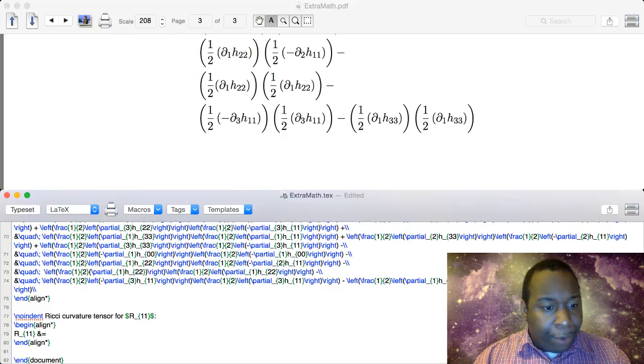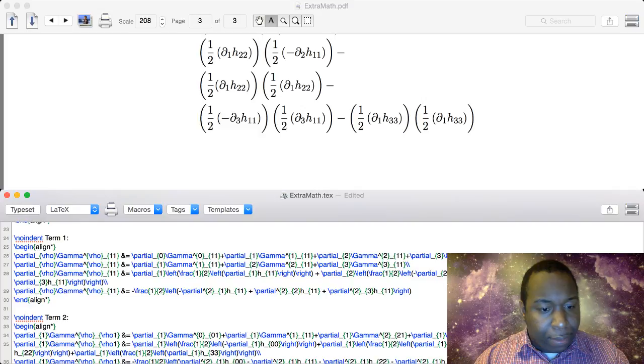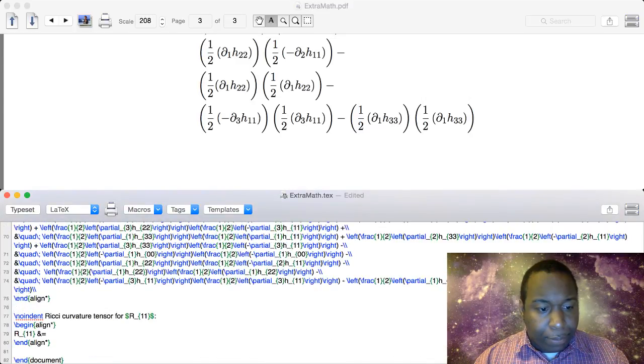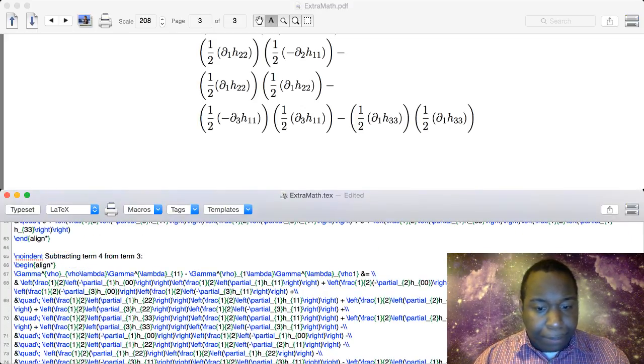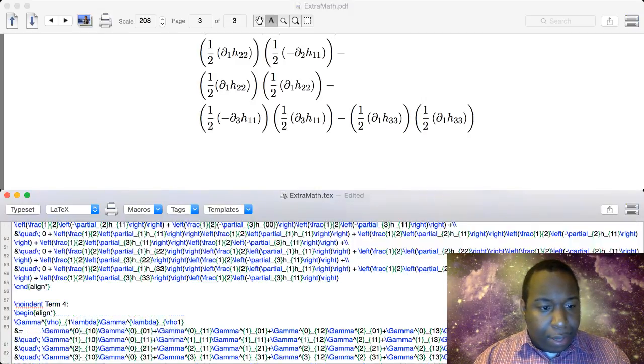And so the very first term was defined here in this last line. The next term is defined here.